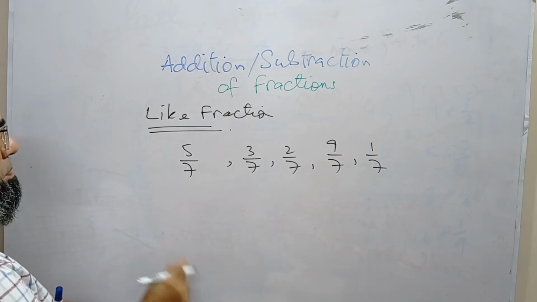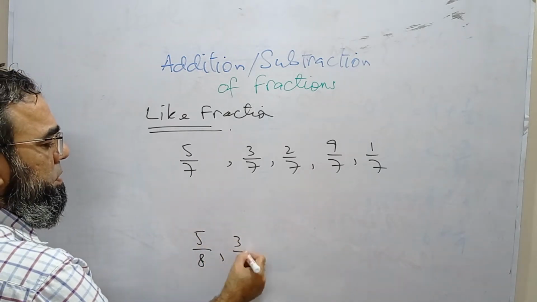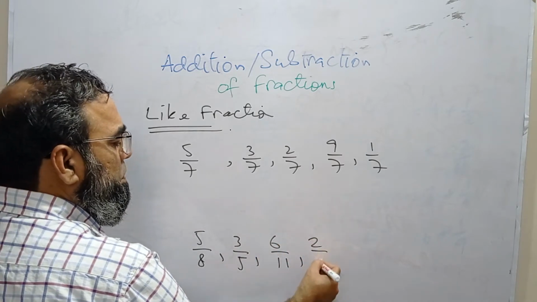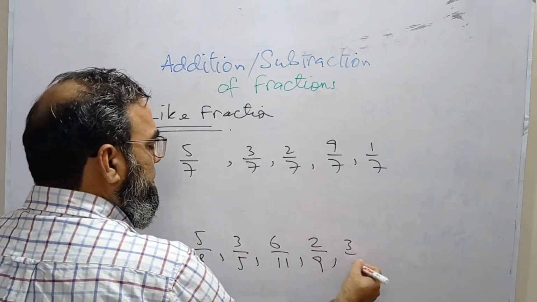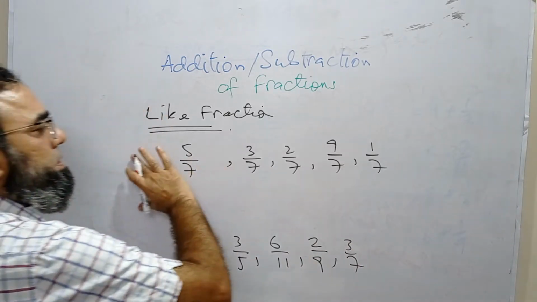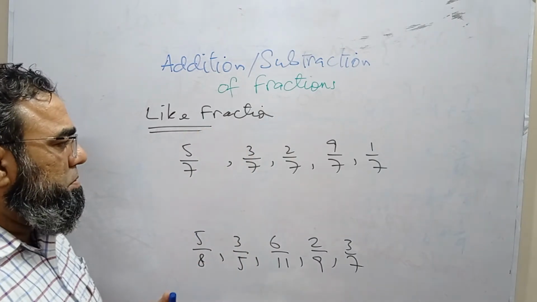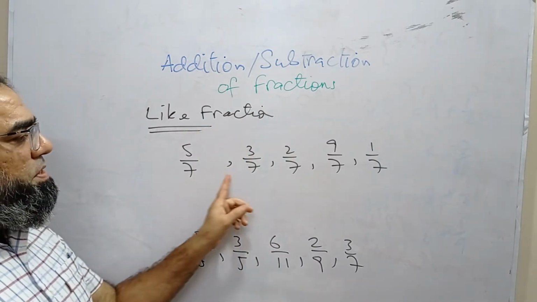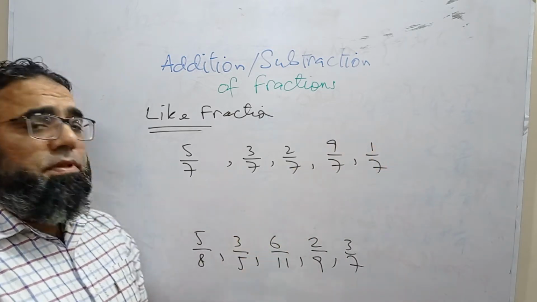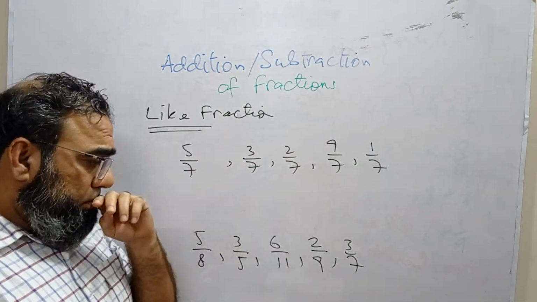This set of fractions are called like fractions, because they all have the same denominators. So any set of fractions with the same denominators are called like fractions.